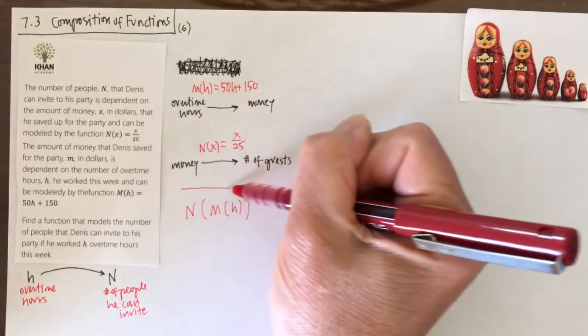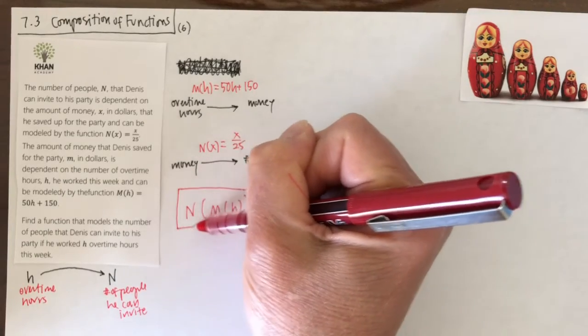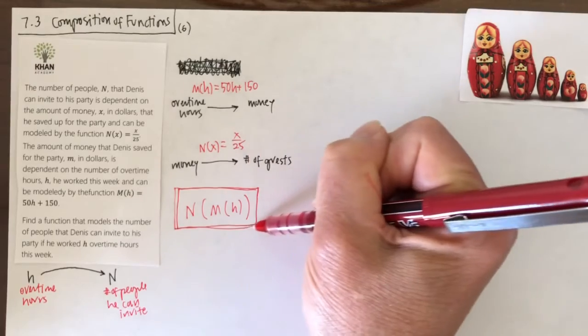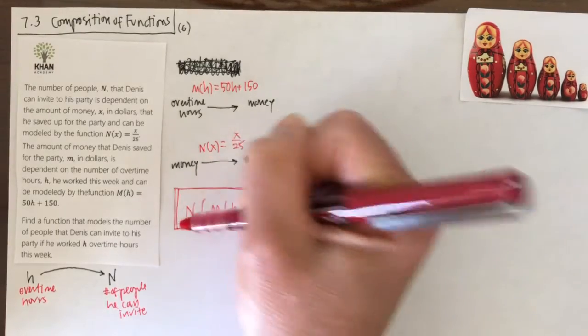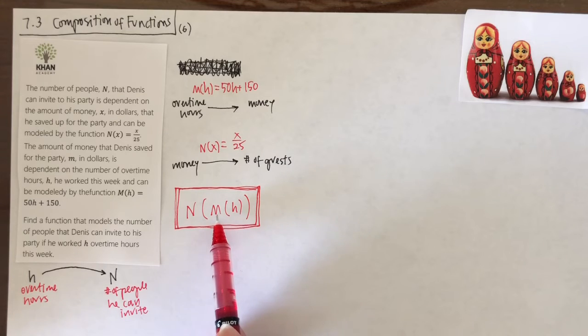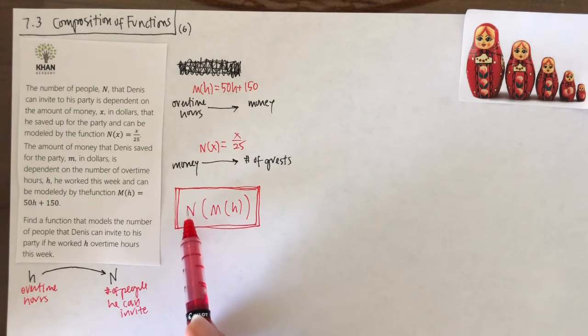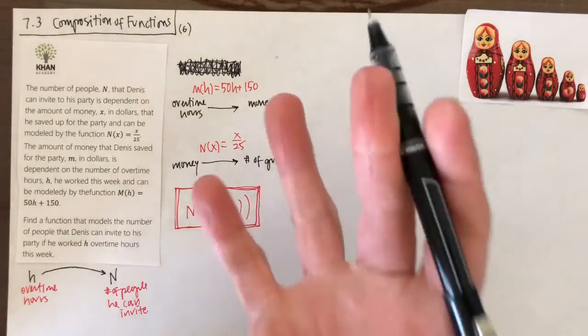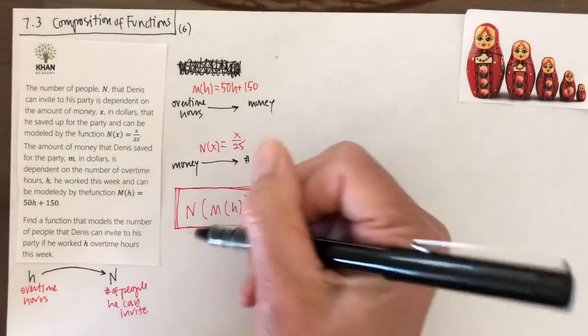Yep, this is definitely what we want to find. So this composition of functions is like the rock hopping across the creek. We're first going to let overtime hours help us determine how much money, and then that money will help us determine the number of people he can invite. What we really want is a formula that just gets us from overtime hours to the number of people he can invite. And we know how to compose these 2 functions, so we'll just go for it.